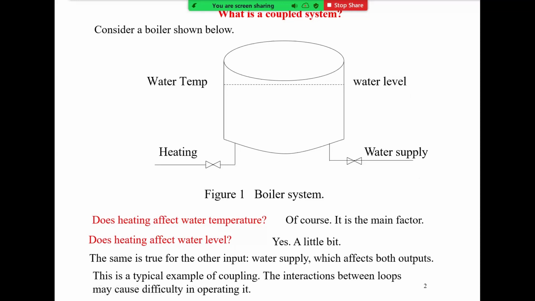The interaction between the loops may cause difficulty in operating, and also in designing the control systems. Usually it is more difficult to design a controller for a multiple input, multiple output system.